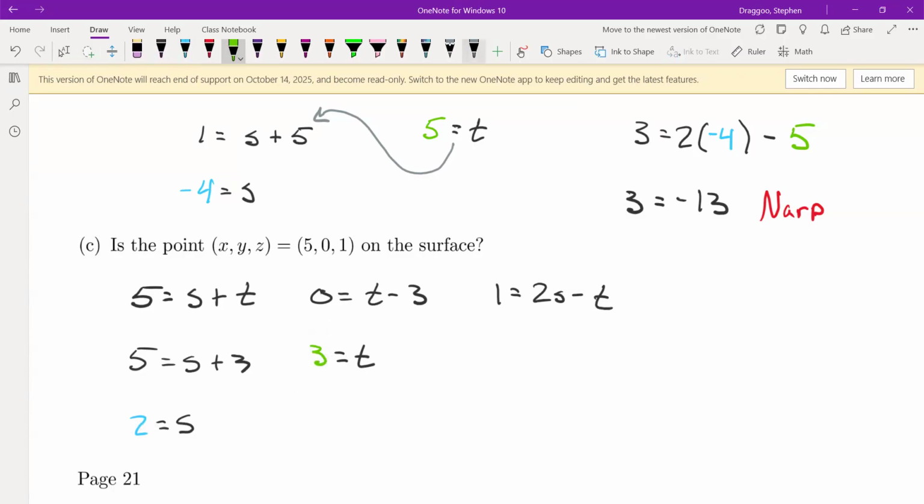Highlight my two values. And then check that against the third equation. I think this time I find out it works. 2 times 2 minus 3. And I get the equation 1 equals 1. Yarp. It's on the surface.